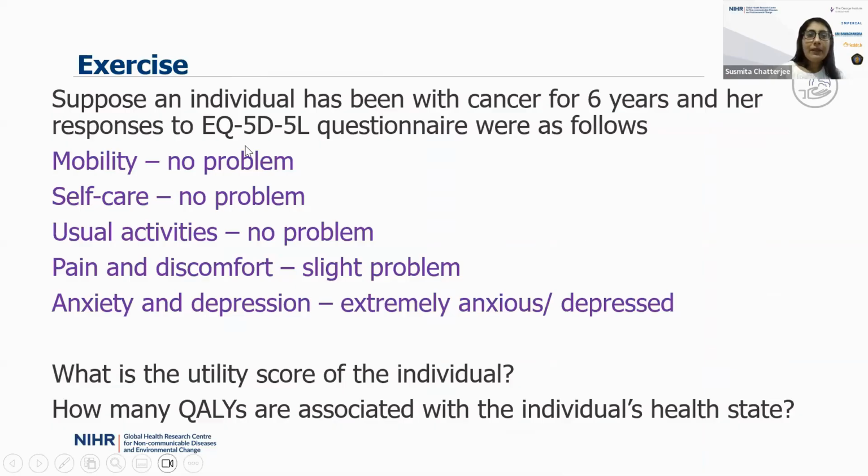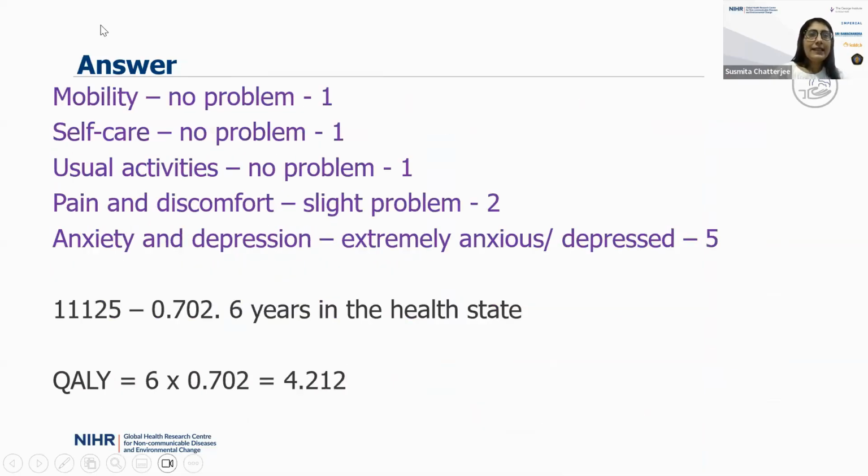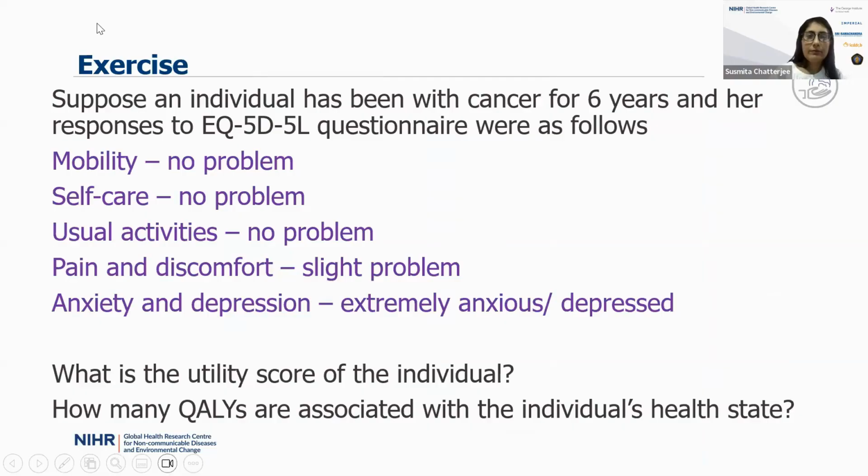And then I have an exercise, and that's the last exercise for you. Suppose an individual had been in cancer for 6 years. I'm simplifying for you, that the person is in that health state for 6 years.